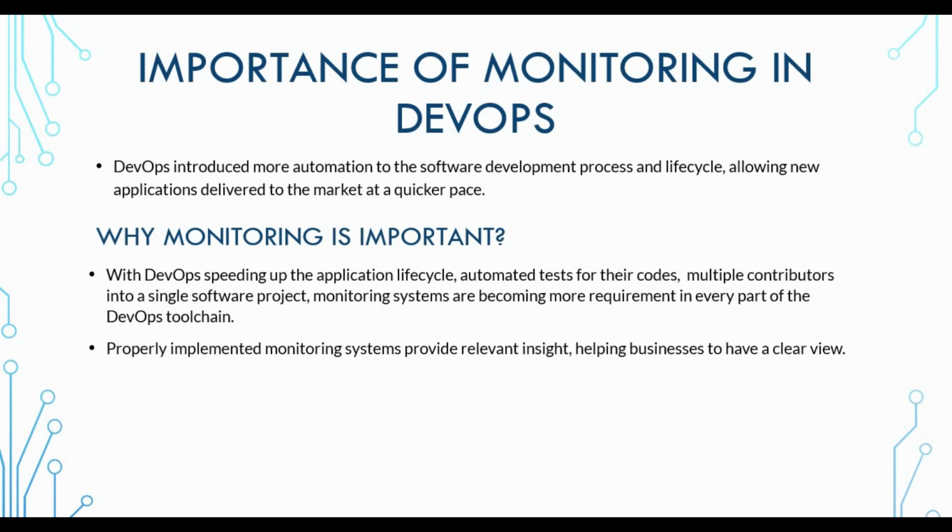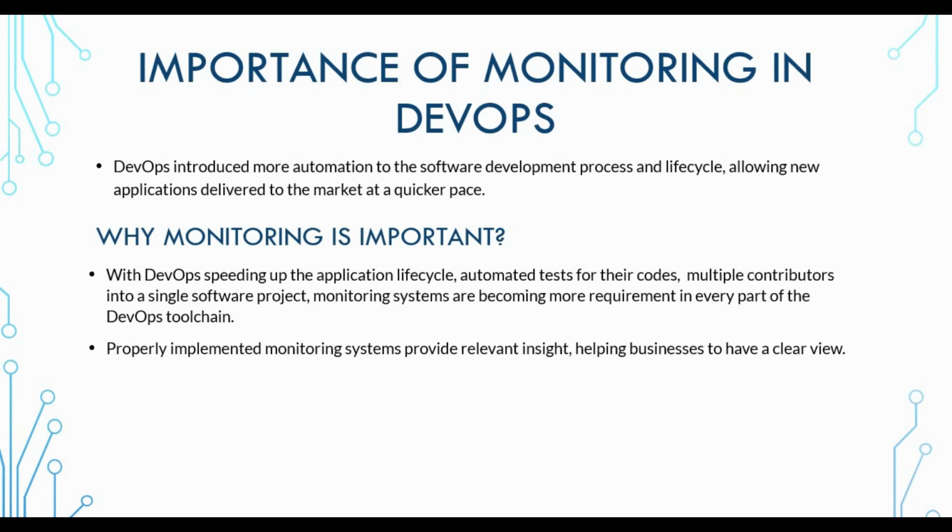A properly implemented monitoring system also gives a complete insight into what is happening in each stage, and that helps the business have a clear view: okay, this is what is happening in the DevOps life cycle, and this is how fast the applications are getting deployed. Are there some failures happening in some phase?